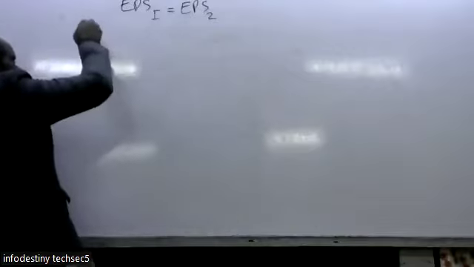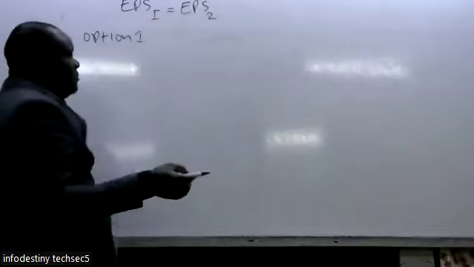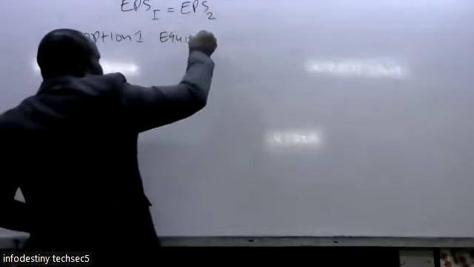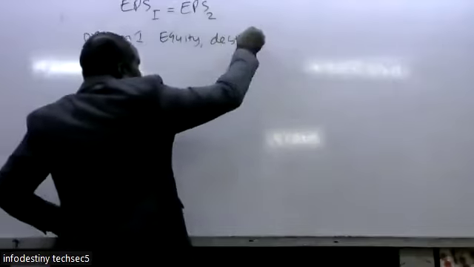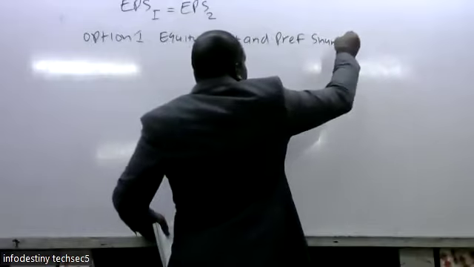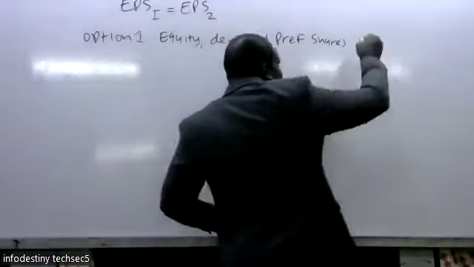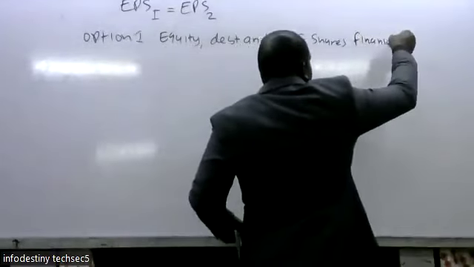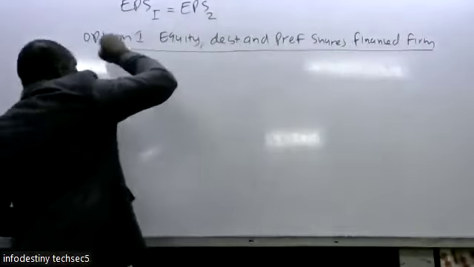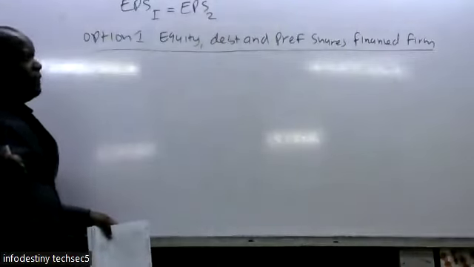So when it comes to option 1, we say that the company is equity, debt, and preference shares financed.